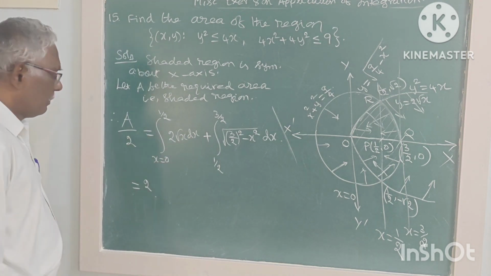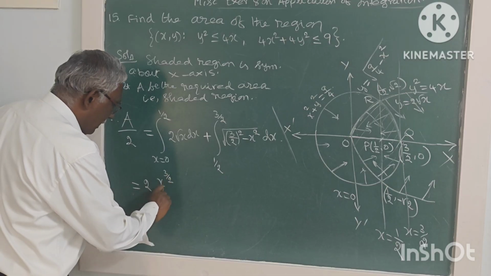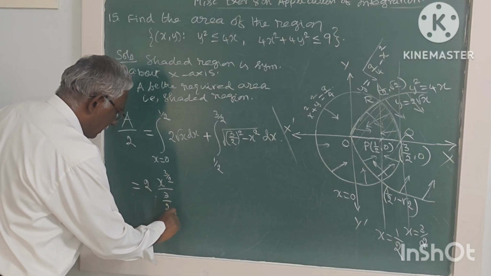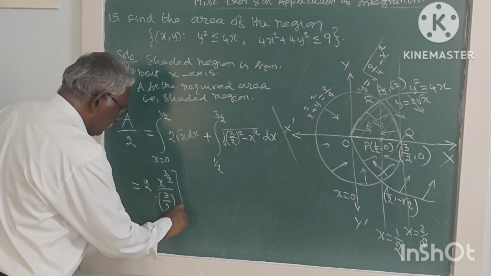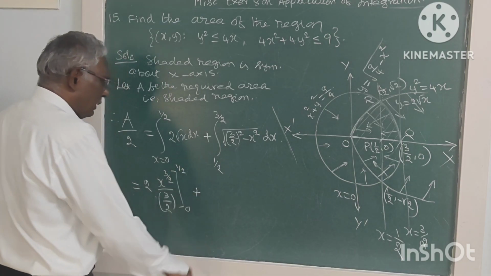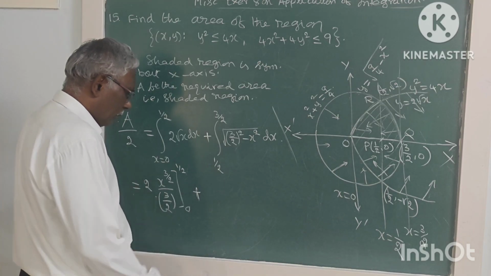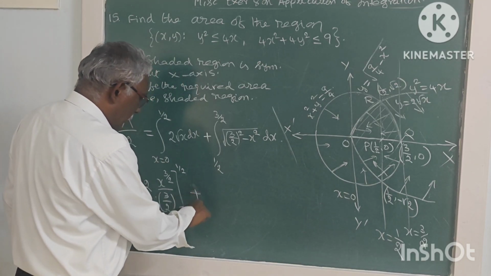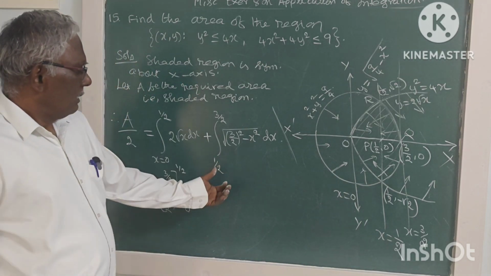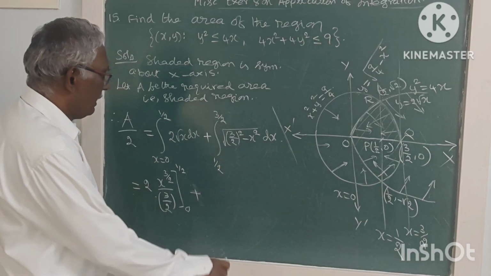x power half plus 1 by half plus 1, that is x power 3 by 2 by 3 by 2, from 0 to half, plus this is in the form of the integral of square root of a square minus x square dx.